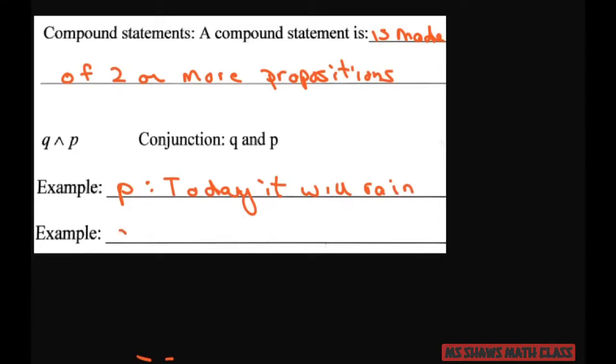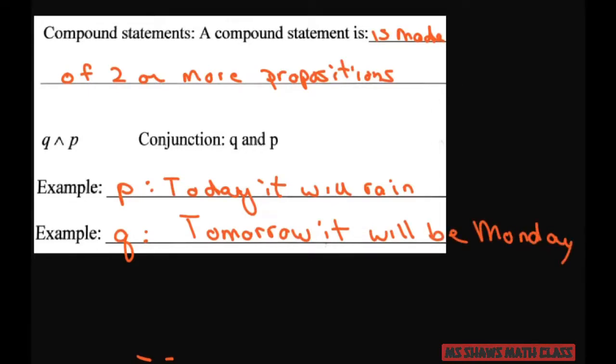And we could say Q is tomorrow, it'll be Monday. All right, and then the conjunction is an and statement. So when you see this symbol, it means and. So we're going to say tomorrow will be Monday, and today it will rain.